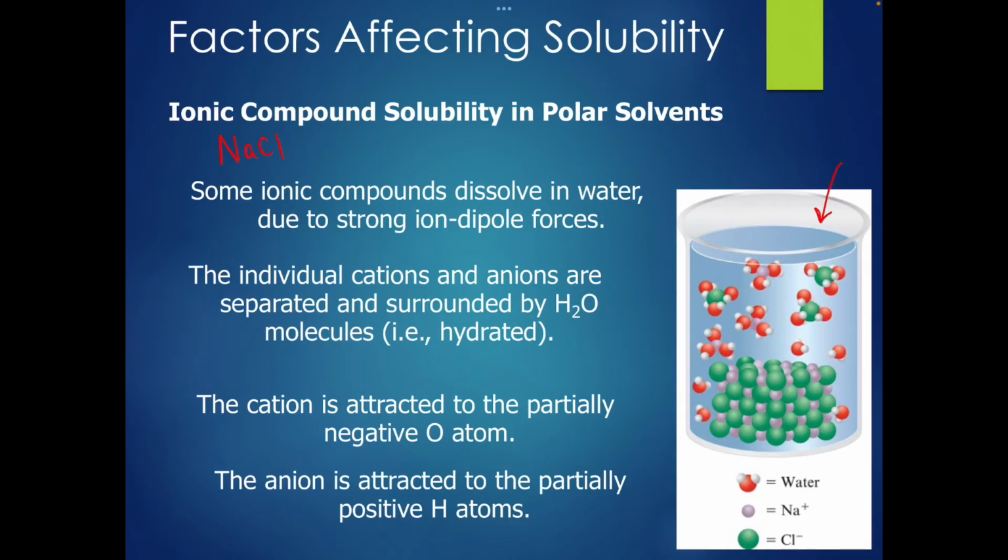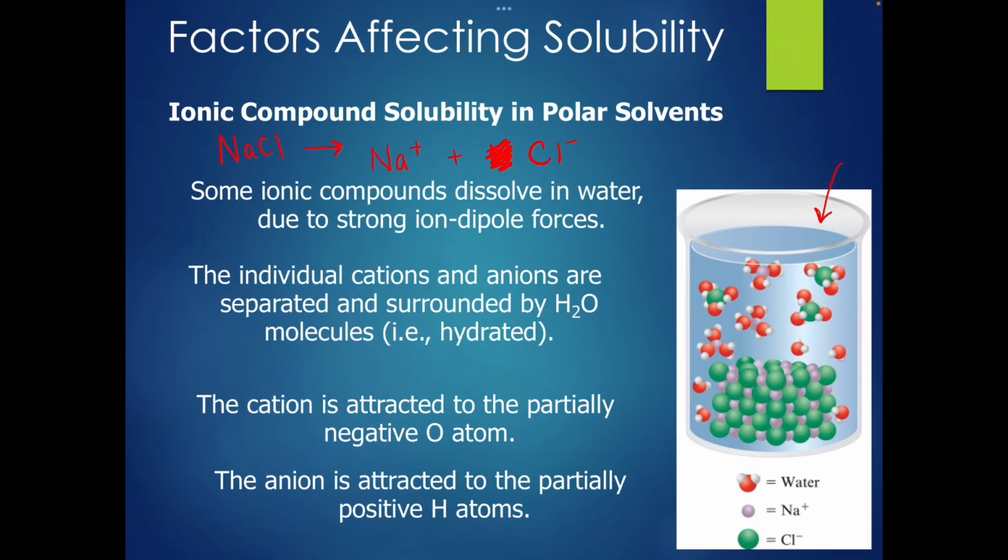Okay, but if you think about putting an ionic compound in water, that ionic compound is actually going to end up splitting apart into its ions. We will get to this more in a later chapter. But when we put an ionic compound in water, it's going to break into the ions that formed it.